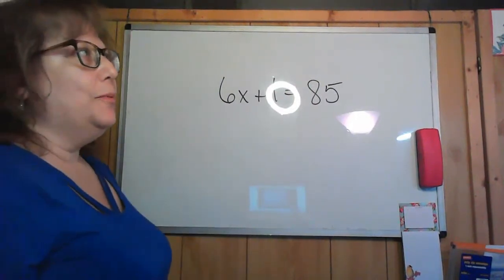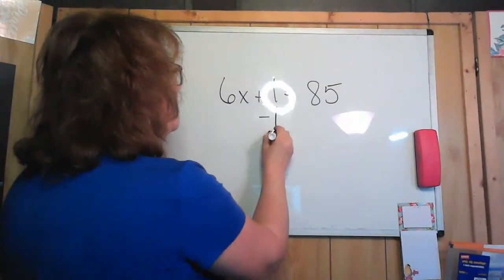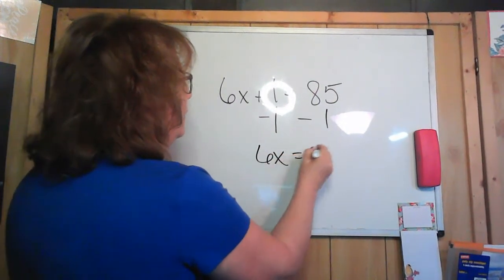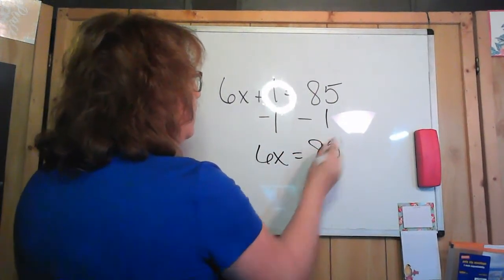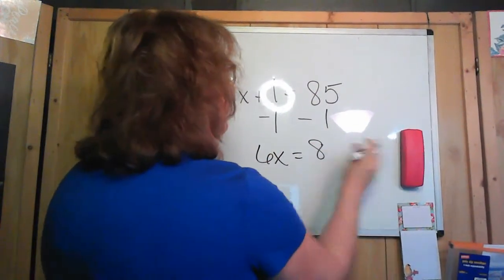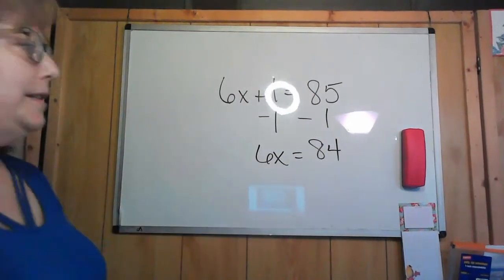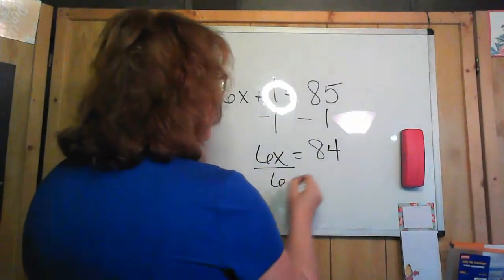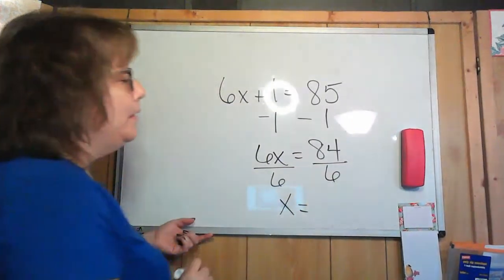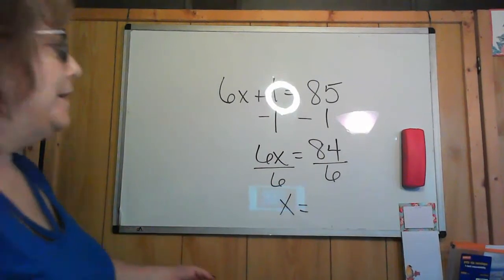Now, let's reach far back into our algebra from last year. We're going to subtract 1 here, subtract 1 here, because we want to get x all by itself. Whoops, I need to subtract and get just an 84 there. I still don't have x all by itself, so I have to divide and divide, and then I'm going to be left with, what is 84 divided by 6?